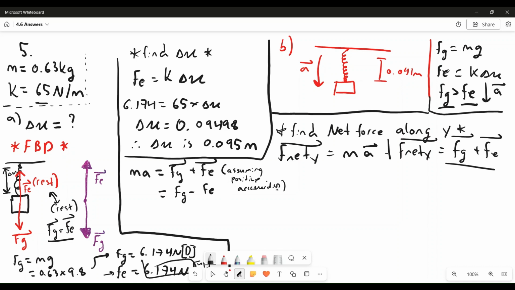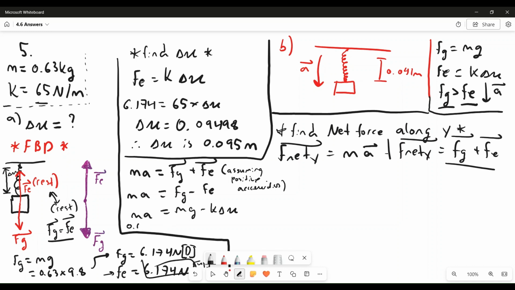Basically, what assuming positive acceleration means is that the direction that it's moving in, for example, gravity, which acts downwards, will be positive, and the other will be negative. So like this: ma, and then we can expand Fg and Fe, so mg minus ke, like so. I'm going to keep ma on the left side here for now.